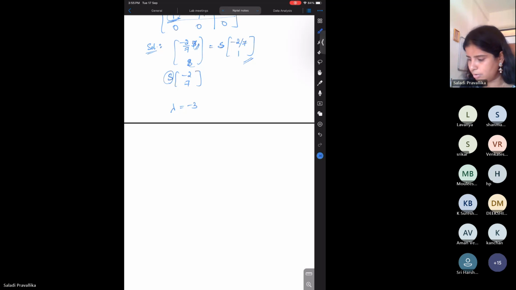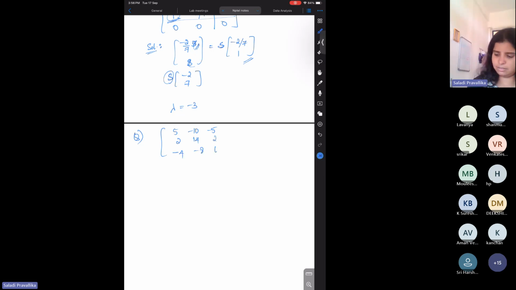So shall we take a matrix that has more than two values? Let's say 5, minus 10, minus 5, 2, 14, 2, minus 4, minus 8, and 6. Anyone want to try this?